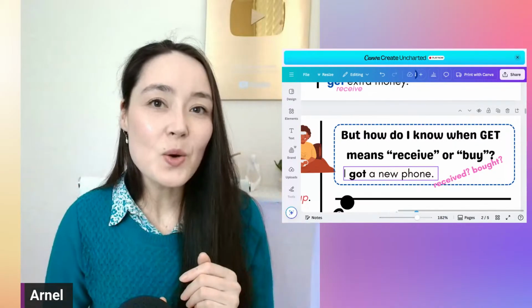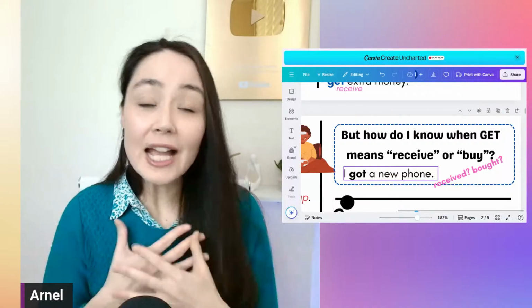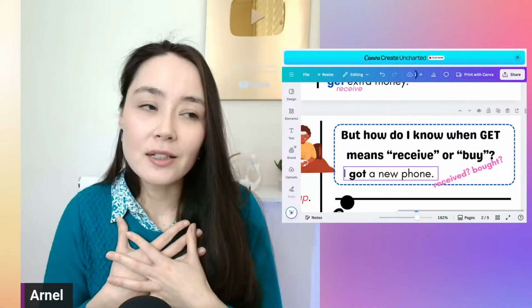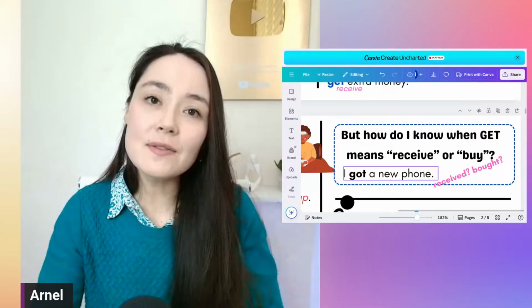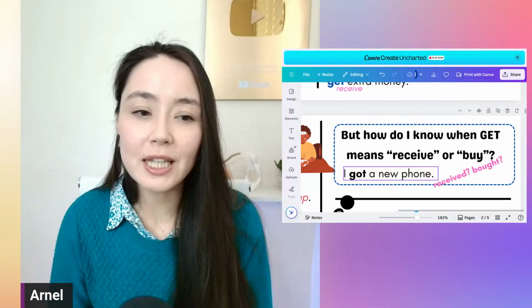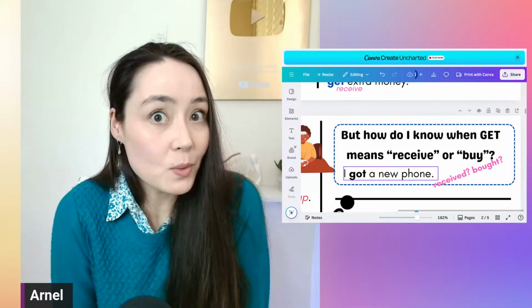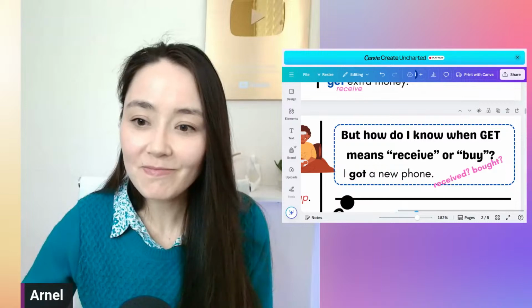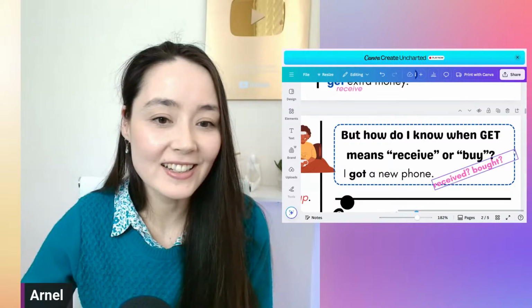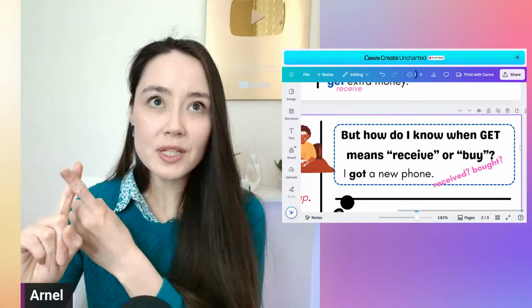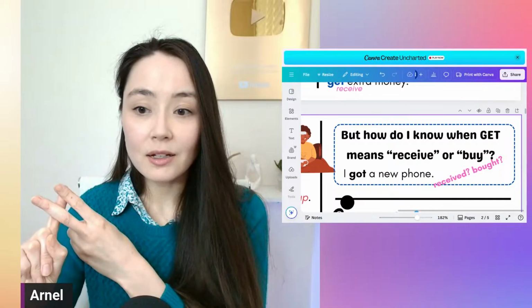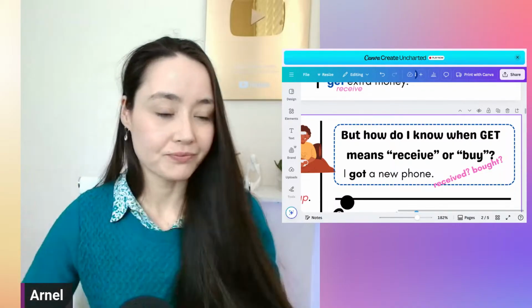The context will tell you. If you say, I got a new phone for my birthday, it's pretty likely you received it. Someone gave it to you. That's pretty likely. So sometimes it's not always 100% clear. Okay, good. So number 1 was receive. Number 2 was buy. I think we should keep going. Let's keep going.